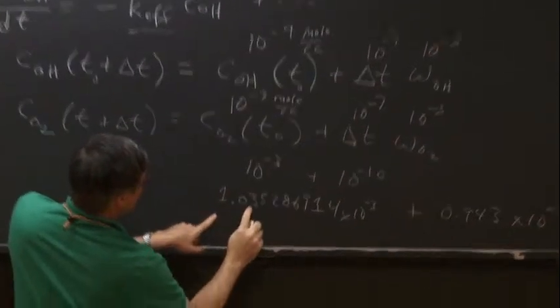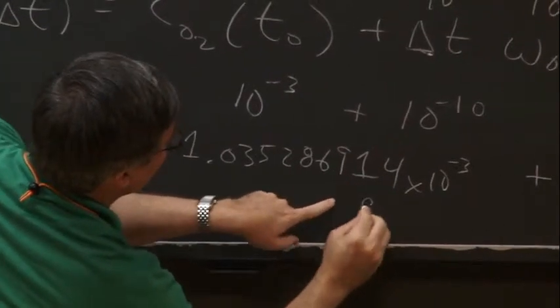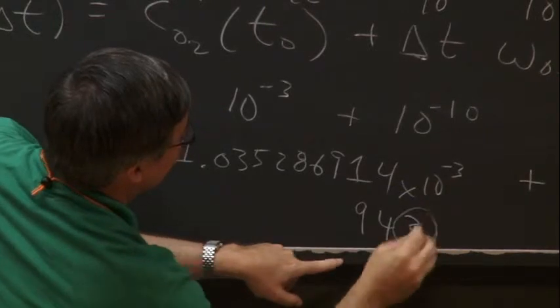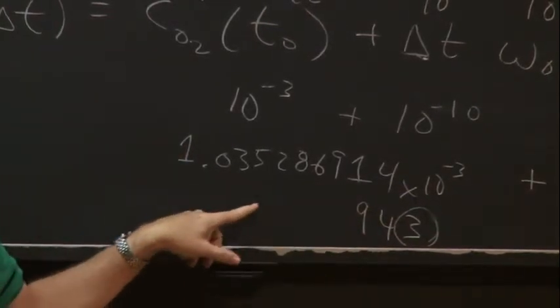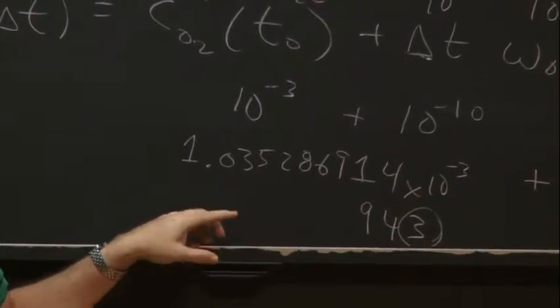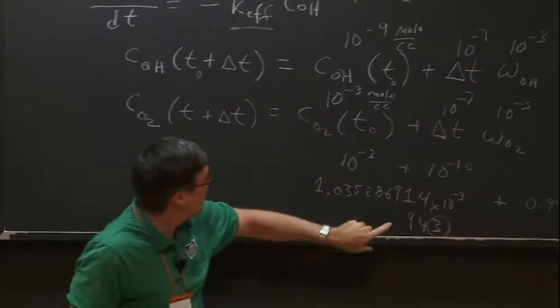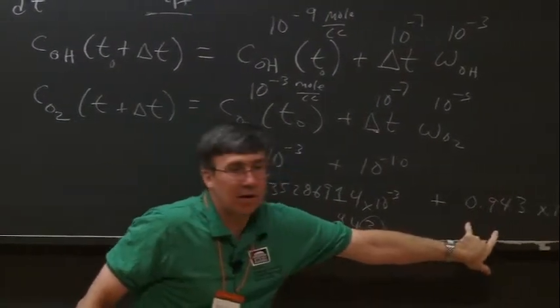So this is 10 to the minus 3, 4, 5, 6, 7, 8, 9, 10, 11. OK, so I'm adding a number right here, 9, 4, 3. And you can see I lost the 3, it is off the edge of the significant figures of the first number. You see the problem? So this problem, if you push this to the extreme, the entire number can be off the significant figures of this first number. It can be over here.